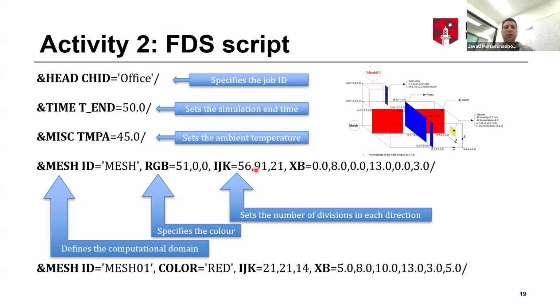You can start the number of divisions by looking at the dimensions and the point of interest, and based on that you make a decision, uniform or non-uniform, and regarding the number of cells. So again, the IJK shows the number of divisions in the X, Y, and Z direction.